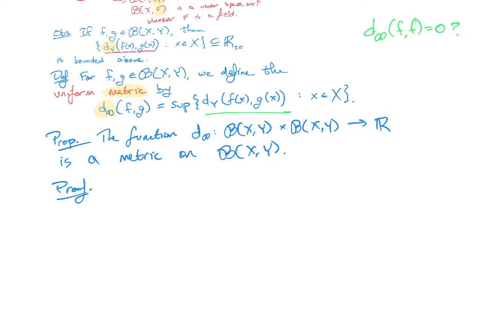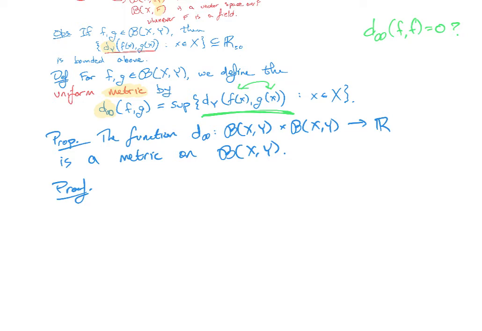Is this function always non-negative? You've got a set of distances here. Distances are always non-negative. So when you take the supremum, that's also non-negative. Okay? Is it symmetric? Yes. If we swap f and g, that doesn't matter because the metric on y was symmetric.